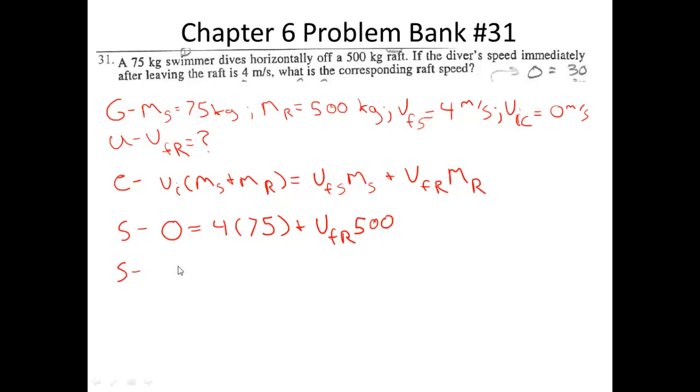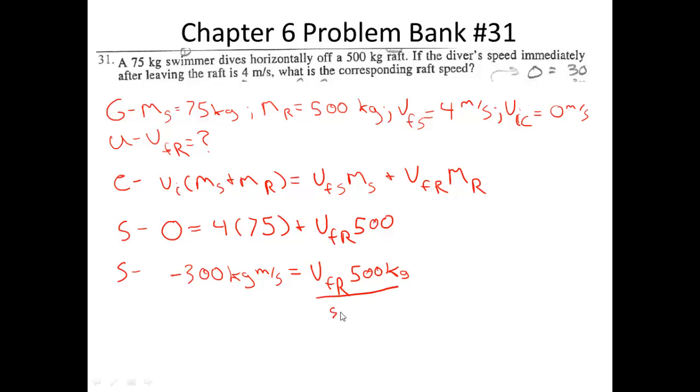Solving that, we see that 4 times 75 is 300. Bring that over, so a negative 300 kilogram meters per second is equal to the final velocity of the raft times 500 kilograms.